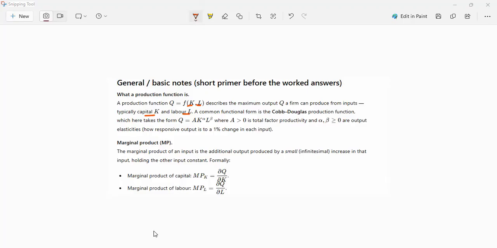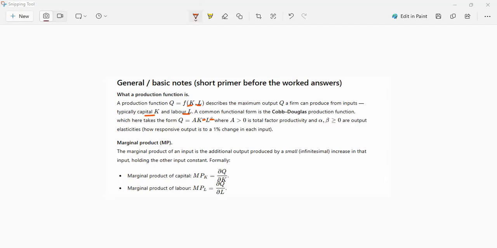It measures the efficiency or the technology, whereas alpha and beta are given by these symbols. Our alpha simply is the output elasticity of capital. It measures the percentage change in output from a 1% increase in capital.